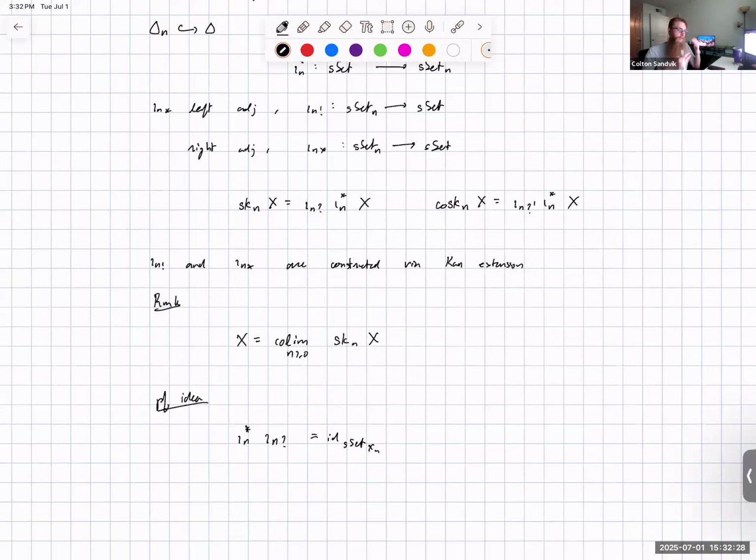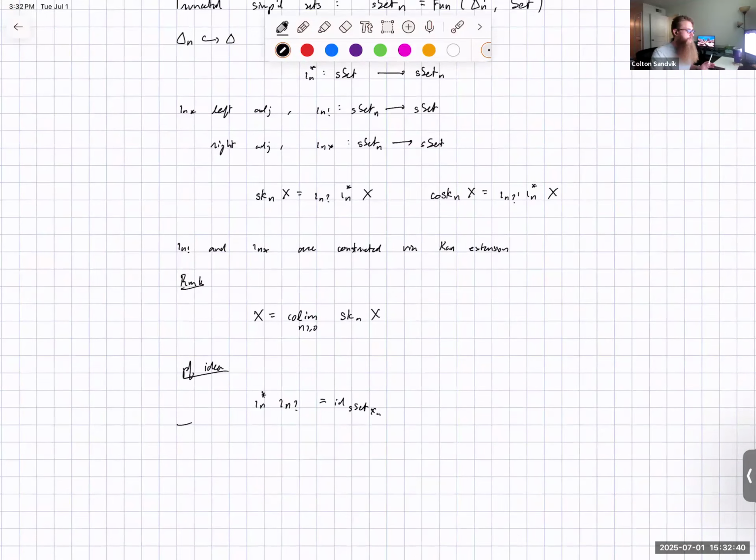And so you have to apply this iteratively or something, but it's not too bad. Okay. Any other questions before we see a couple of examples?